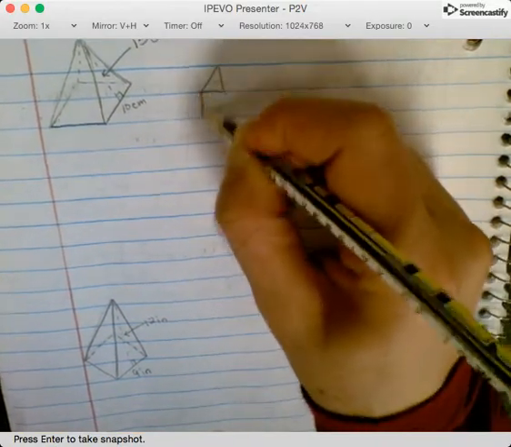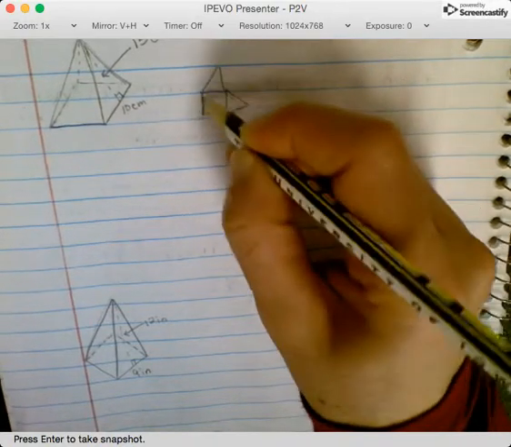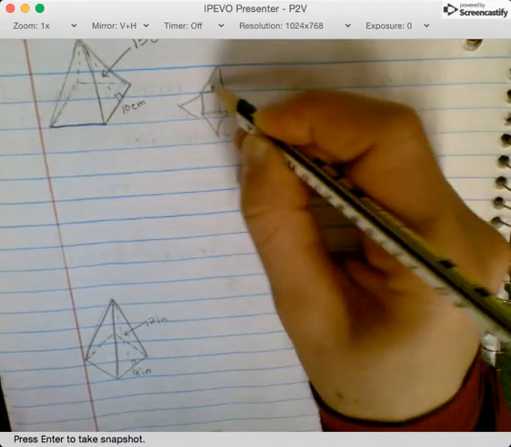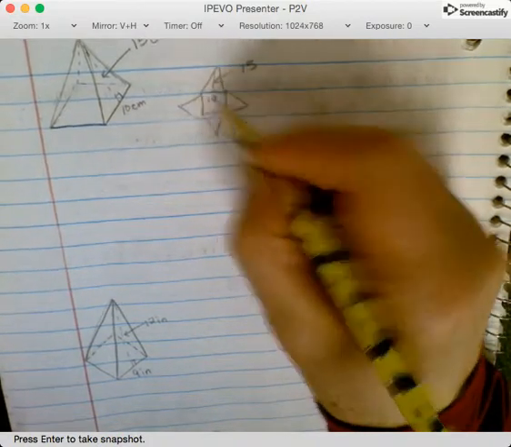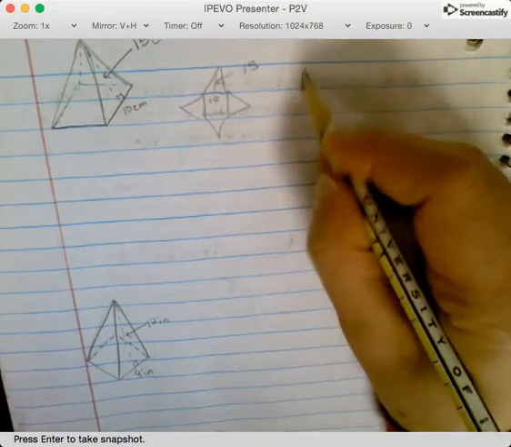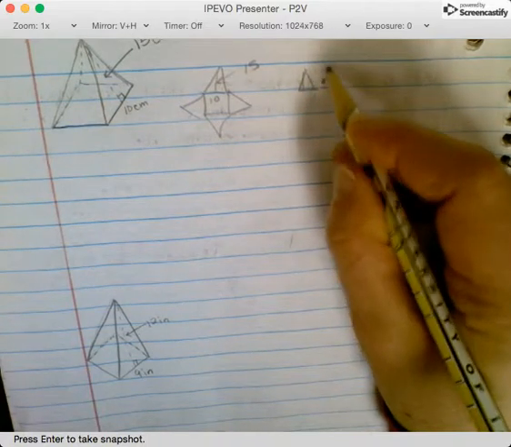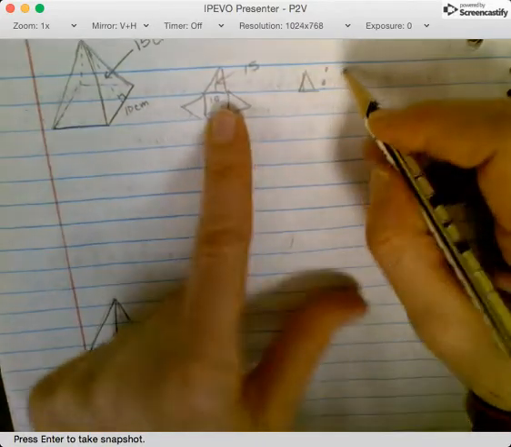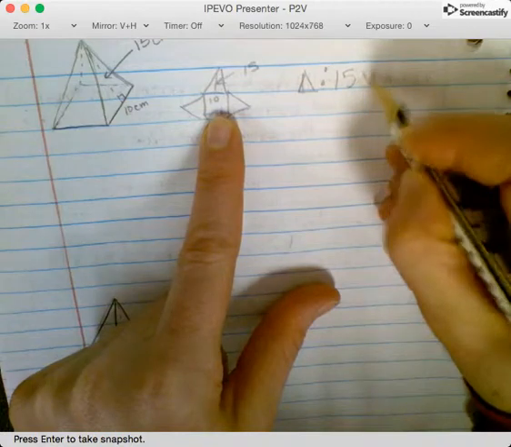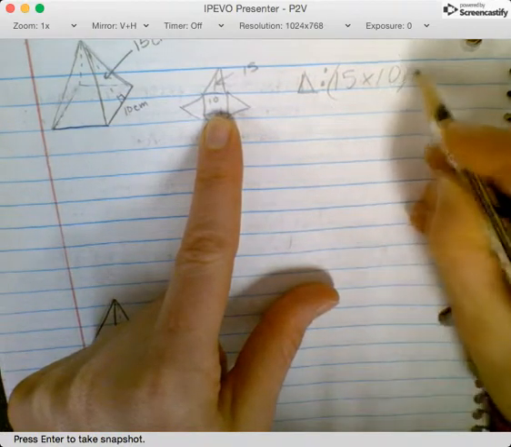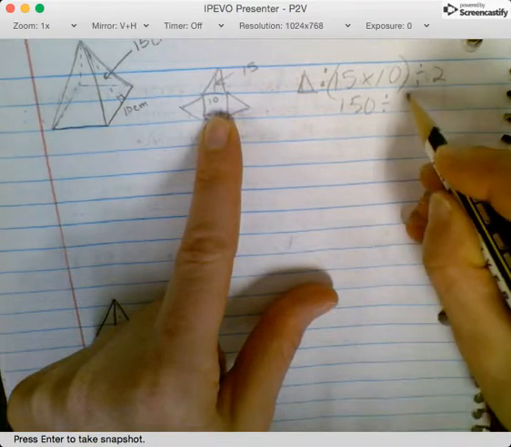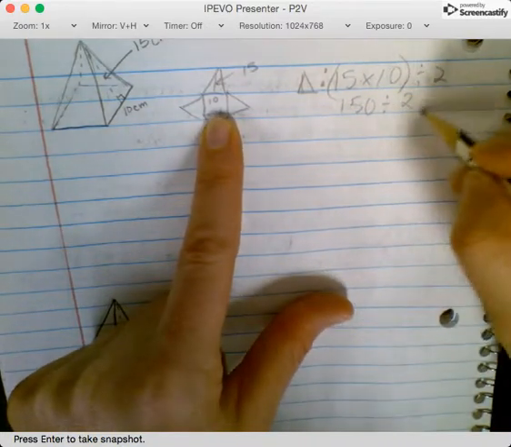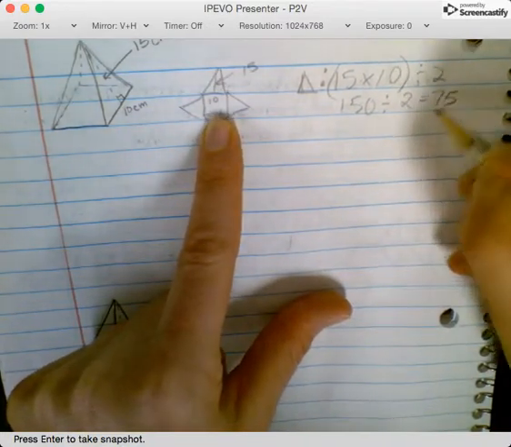So again, I'm going to draw this. Find the area of 1 triangle. This is 15, this is 10. So my triangle, I'm going to draw a picture instead of writing the word triangle. 15 times 10 divided by 2, 150 divided by 2 is 75.